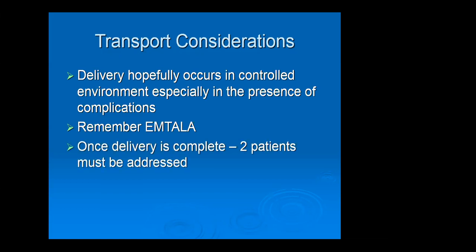And as we see, once delivery is complete, you have two patients that must be addressed as well as family. Because at that point, most of the time, every mom, dad, aunt, uncle, brother, sister, and 35 friends that have found out have shown up. You'll have to follow your agency's rules about how you address that.